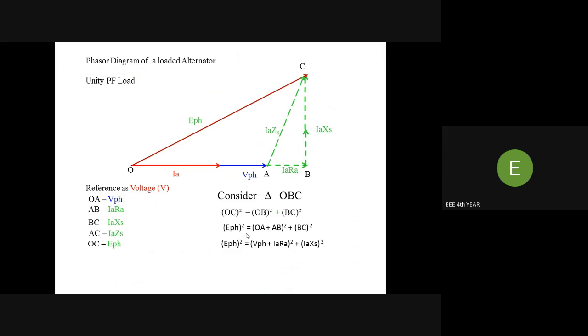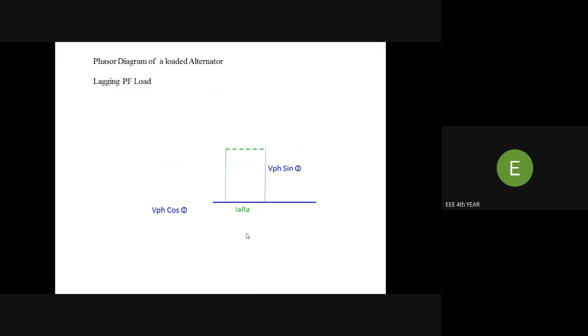So E phase square equal to (V phase plus Ia Ra) whole square plus (Ia Xs) whole square. Finally, we get the no load induced EMF formula at unity power factor load: square root of (V phase plus Ia Ra) whole square plus (Ia Xs) whole square.